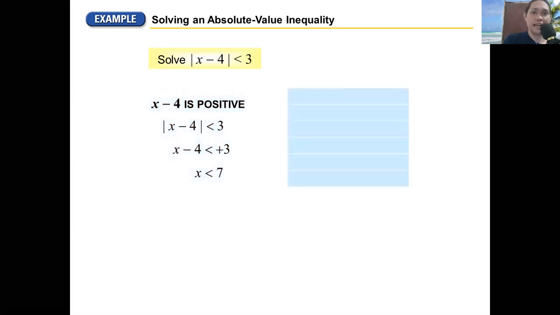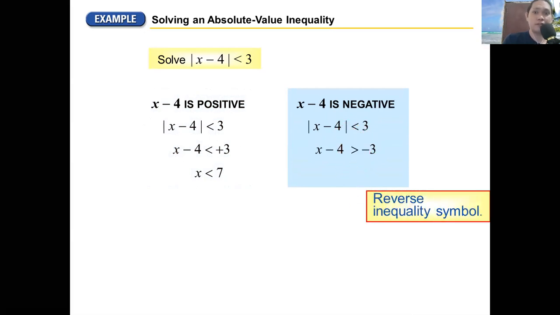On the other side, x minus 4 is negative. Considering this one in the absolute value of x minus 4 less than 3, then you have x minus 4 greater than negative 3, then transpose 4 to the right side of the equation. That gives you, very good, reverse the inequality symbol. So x is greater than 1.